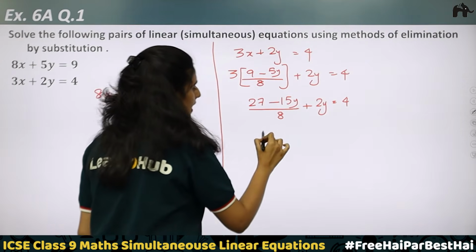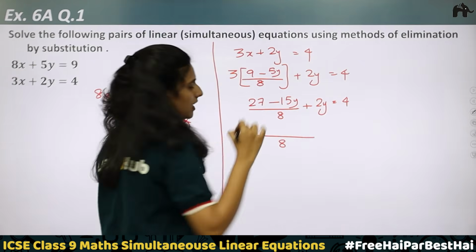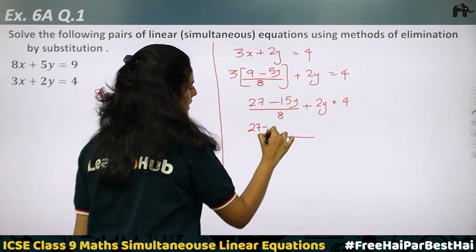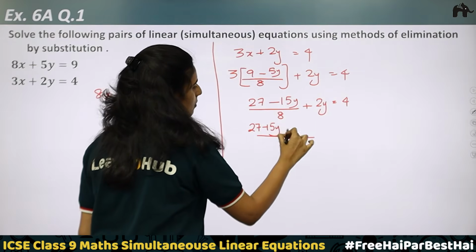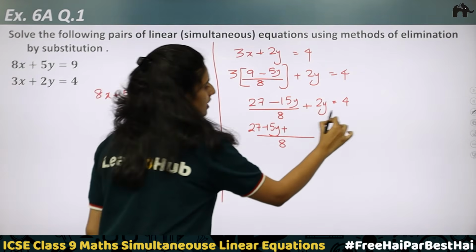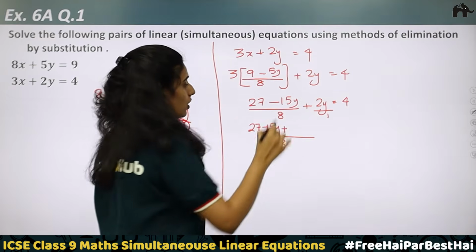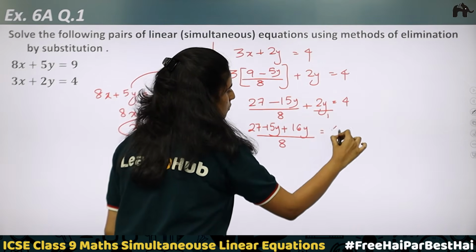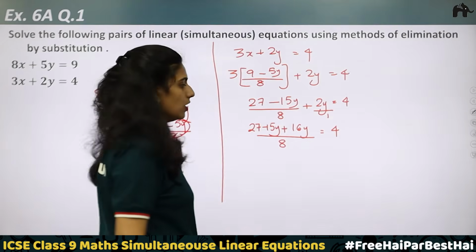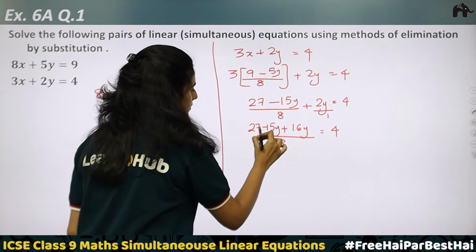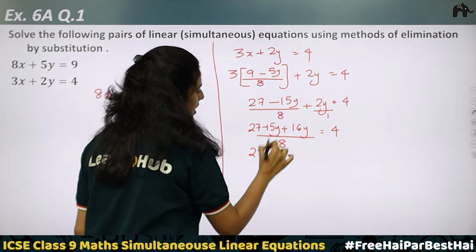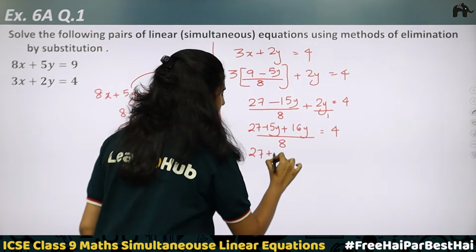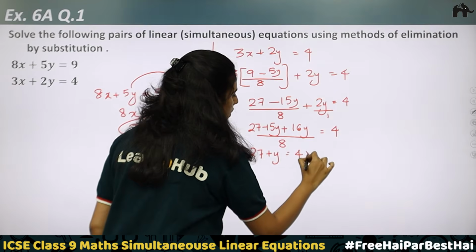Taking the LCM, the denominator will be 8. For the numerator, 27 minus 15y plus, since the denominator here is 1, 8 into 2y, which is 16y, is equal to 4. Now we have 27 minus 15y plus 16y, which is plus y, is equal to 4 into 8.